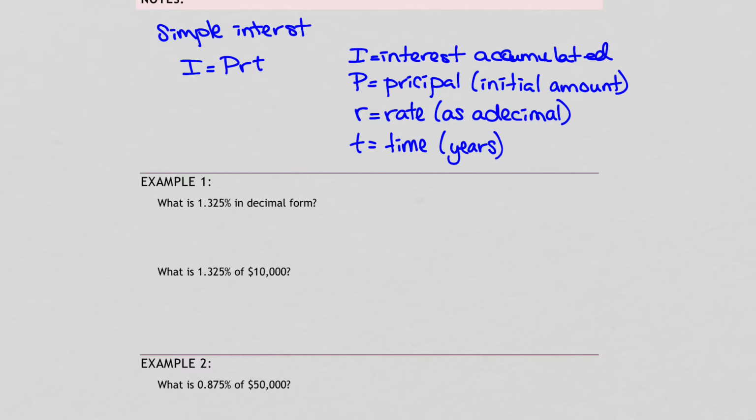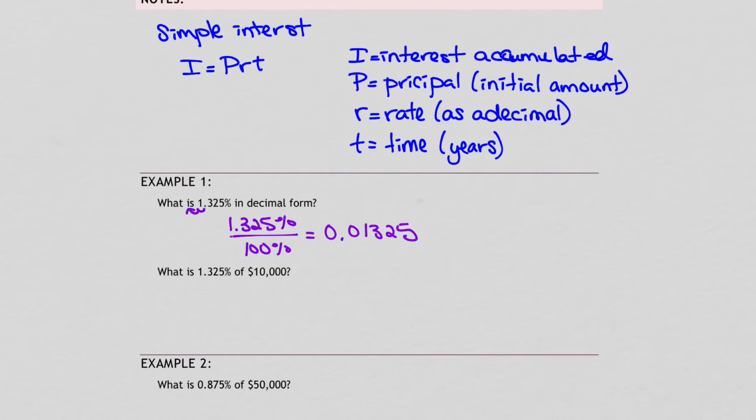So the first few problems say, what is 1.325% in decimal form? Well, remember, we just moved the decimal 2 places to the left, or divide by 100%. So that would be 0.01325.